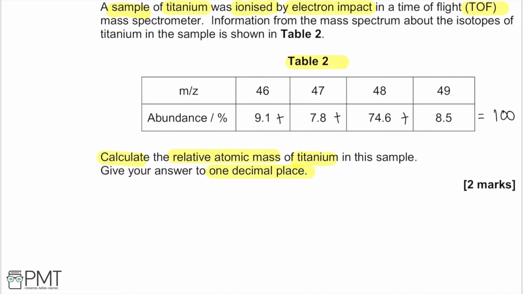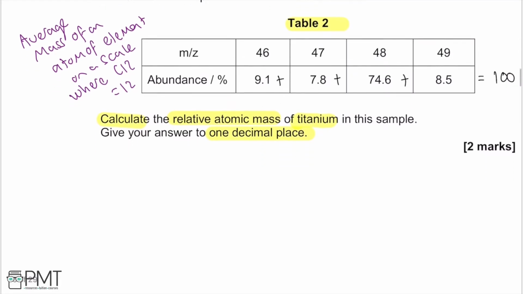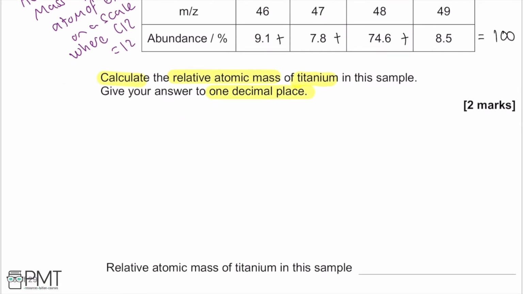Now, the relative atomic mass is defined as the average mass of an atom of an element on a scale where the carbon-12 isotope is 12. So using this definition, we can now solve by summing each of the m/z values, which is the mass to charge ratio, multiplied by the abundance, and then dividing by the total abundance, which we've already worked out as 100.